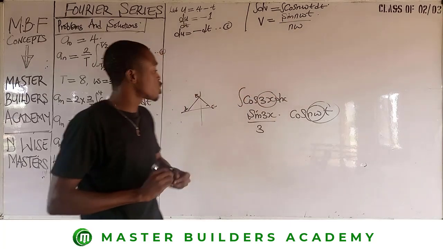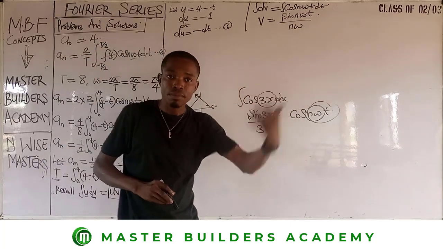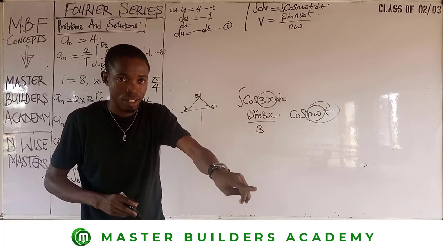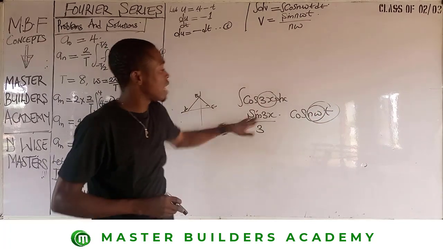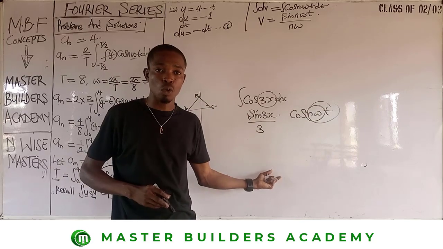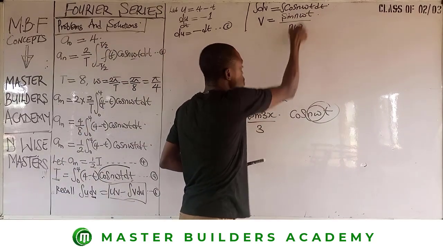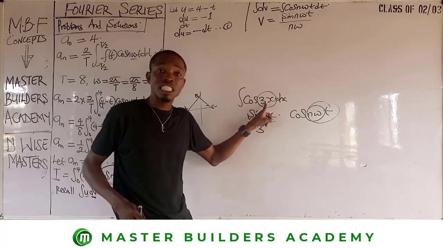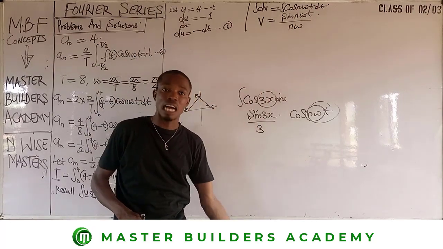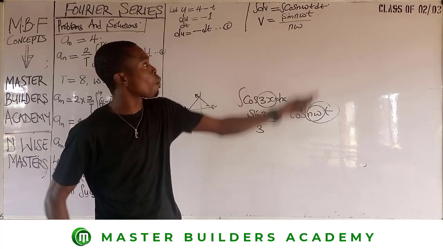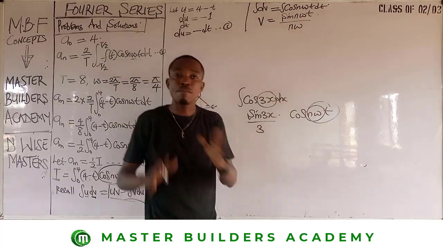It shows that anytime you integrate cos of angle x, whatever value it is, it will always be that value at the denominator. Are you there? So the coefficient of t here is what we take to the denominator. The same way, the coefficient of x here is what we brought down to the denominator. Don't forget that when you integrate cos, you have a positive sign.